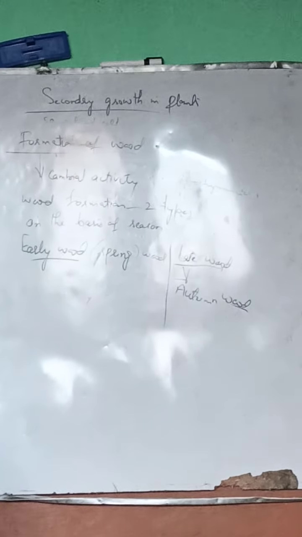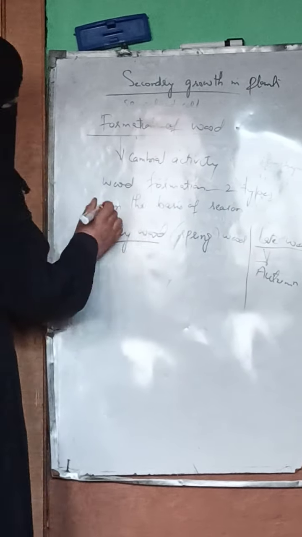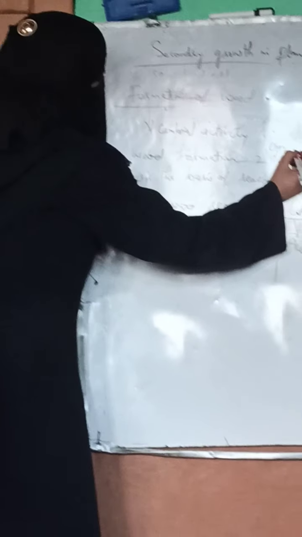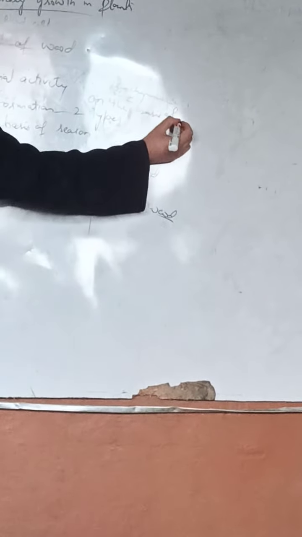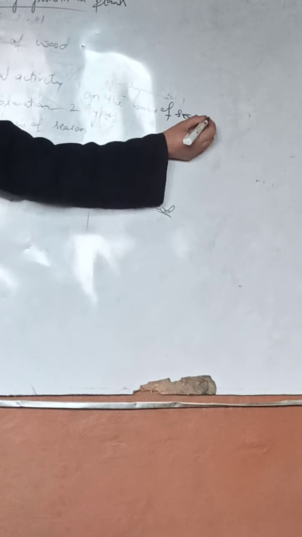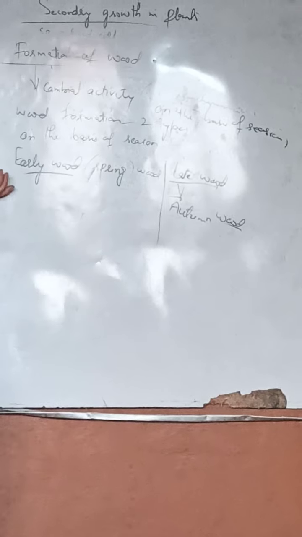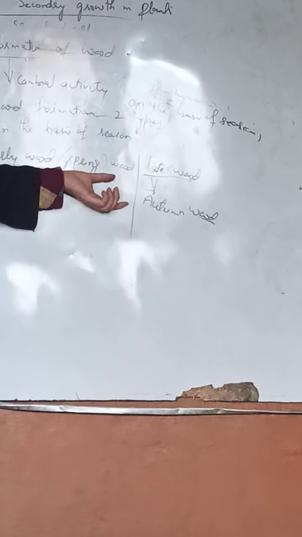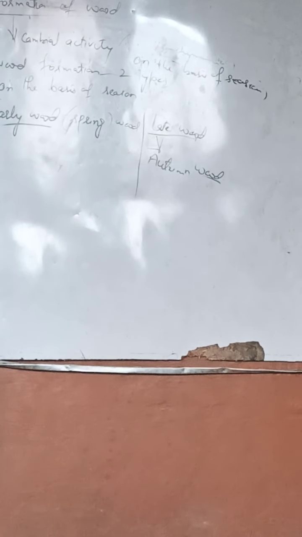So we know that on the basis of season, wood formation is of two types: early wood, which is also called spring wood, and late wood, which we call autumn wood.